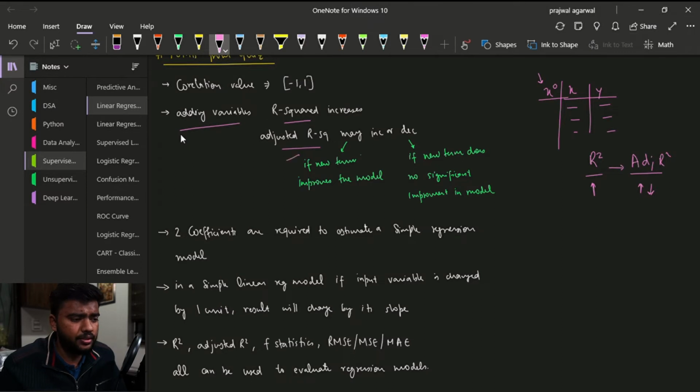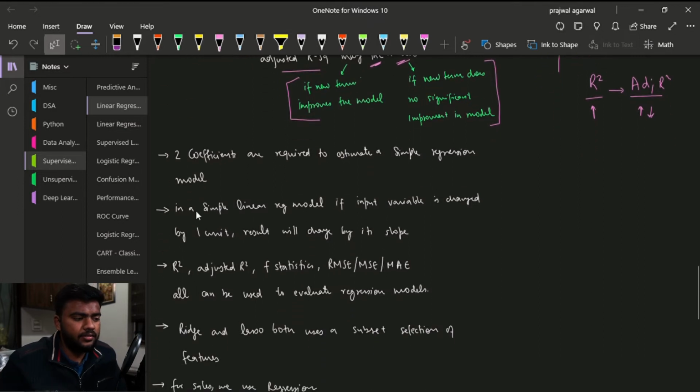So if the new variable that you are adding is improving the model, then it will increase. And if this newly added variable is not having any significant change in the performance of the model, then it will decrease.